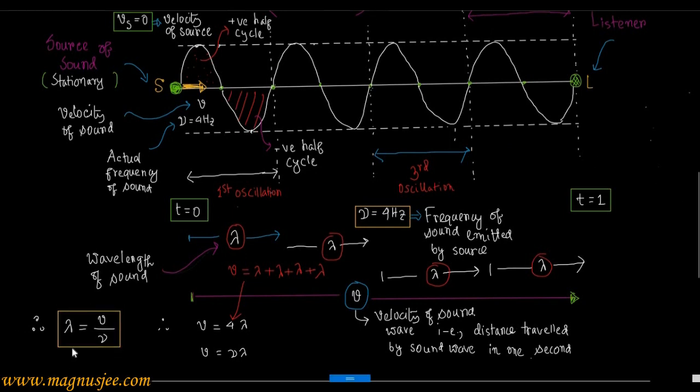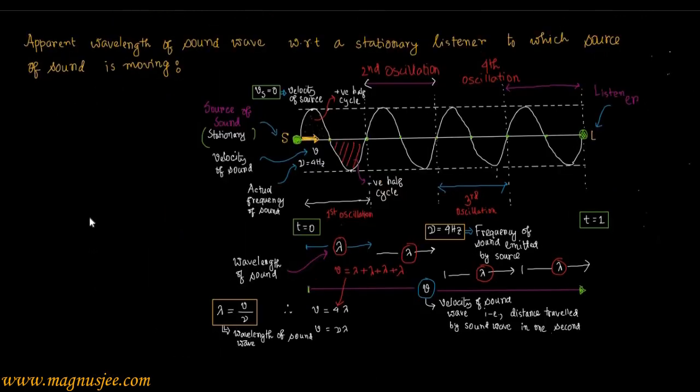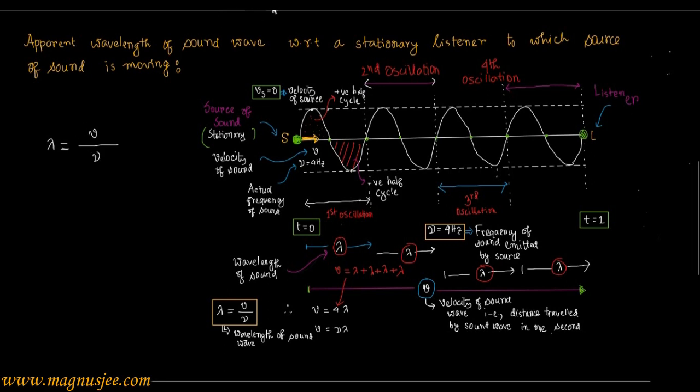That is, the actual wavelength of the sound wave emitted by a stationary source of sound is lambda, which is equal to v by nu, the velocity of sound v divided by the actual frequency nu.